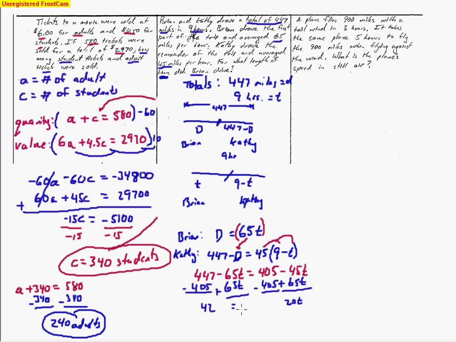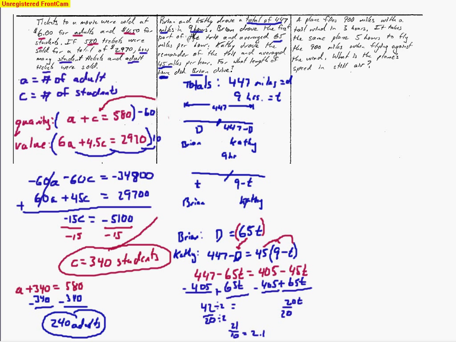And so I go ahead and divide by 20. It doesn't go in there evenly, but I can reduce that fraction a little bit. I've got to divide each of those by 2, and I end up with 21 over 10. So that's going to end up being 2.1. So 2.1 hours, we'll say. Let's go ahead and put those units in there.